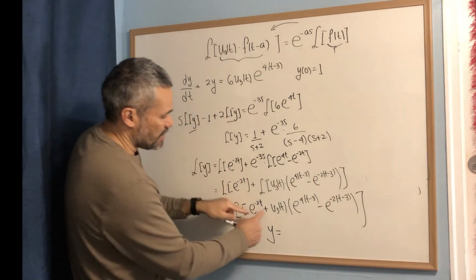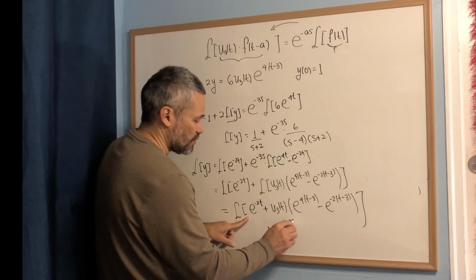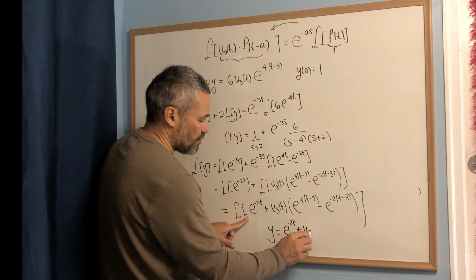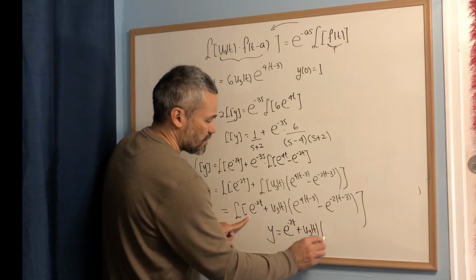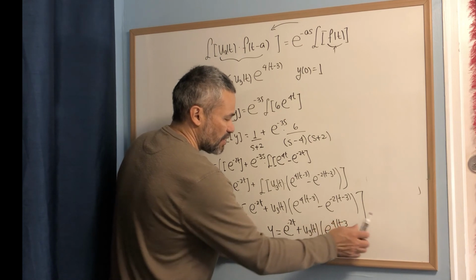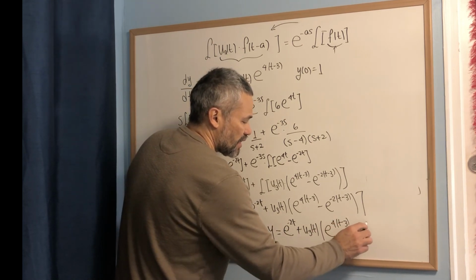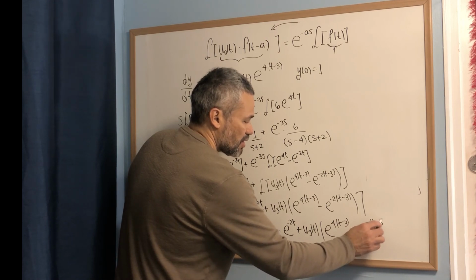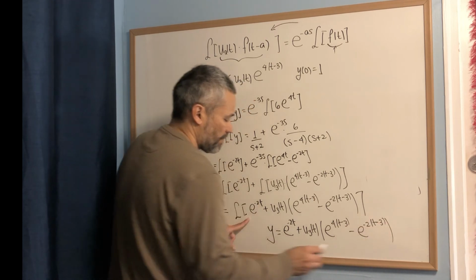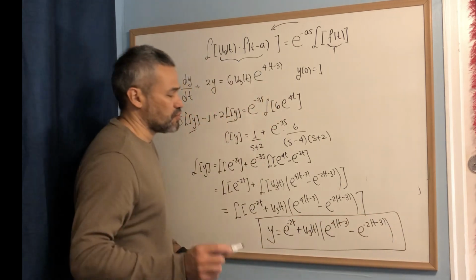That means that y is this function. Then y is e to the negative 2t plus u3 of t times e to the 4 times t minus 3, minus e to the negative 2 times t minus 3. This is the solution.